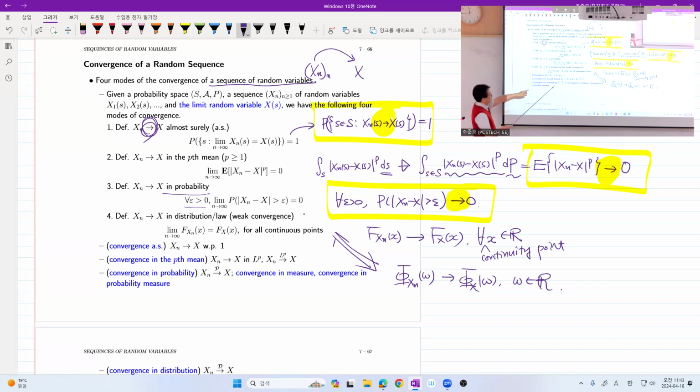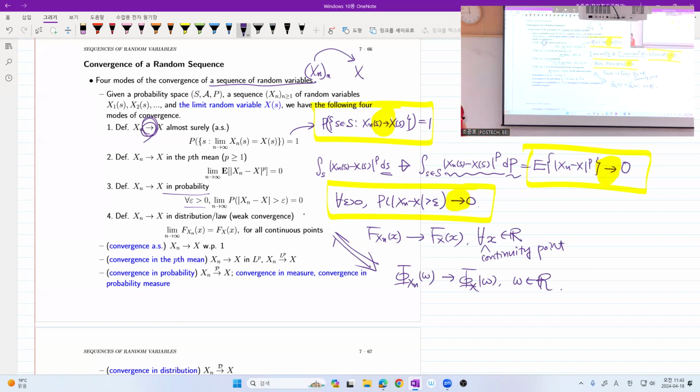So let me give you the notations. Xn tends to x, Xn converges to x with probability 1. Xn converges to x in LP, or in the p-th mean. On top of the right arrow, people put P, and Xn converges to x in probability.